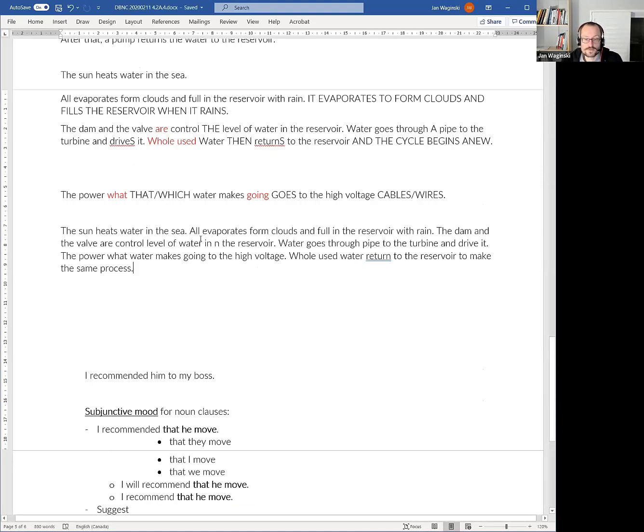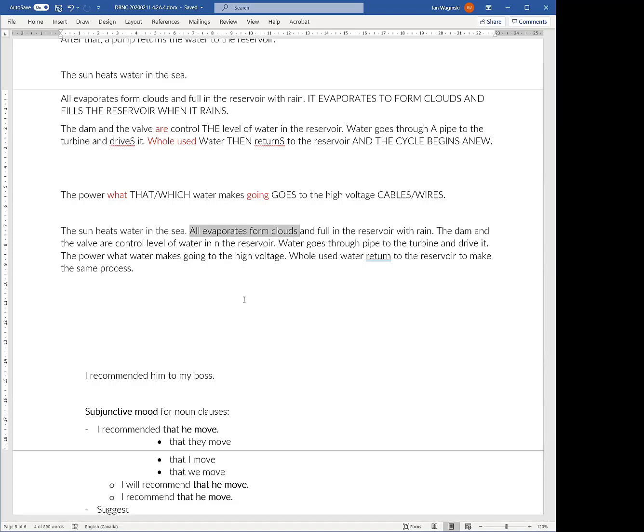The sun heats water in the sea. The water evaporates to form clouds. What does that mean? The water evaporates from the cloud.